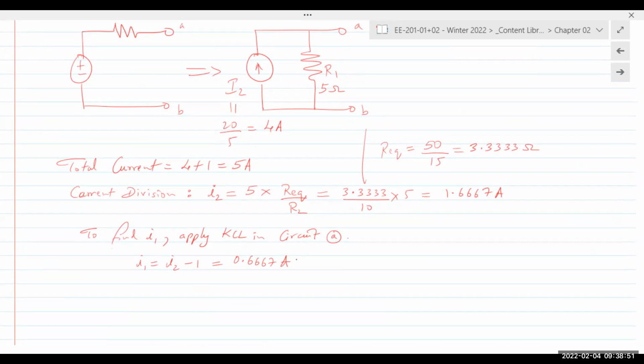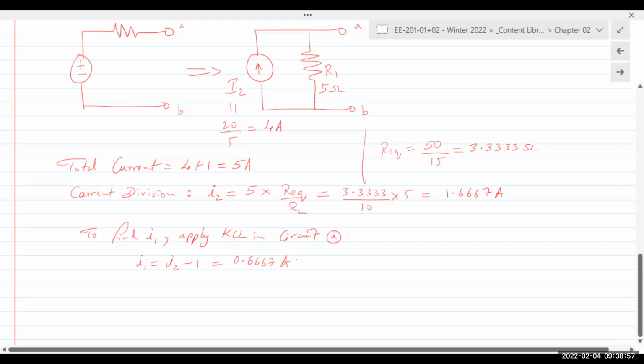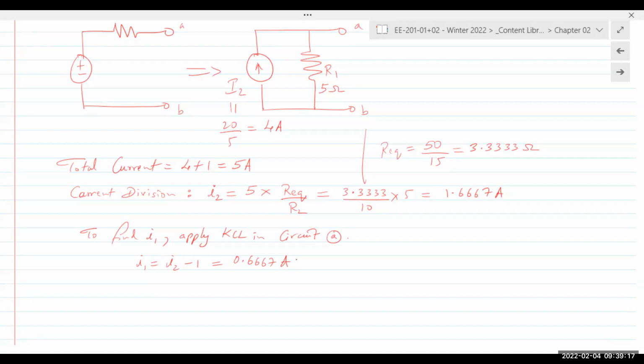Now, as I said, it's tricky to apply source transformation because you have to break the circuit away. If you have a voltage source in the middle of a circuit, that's where it gets the most confusing. We might think it is in series with a resistor when it's actually not. To break it away from the circuit, it has to have a series connection, and it's tricky to recognize where we actually have a series connection.